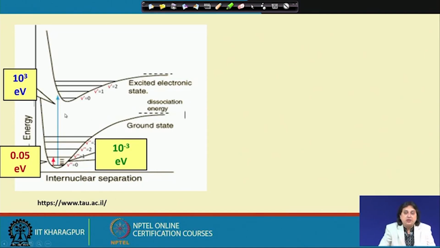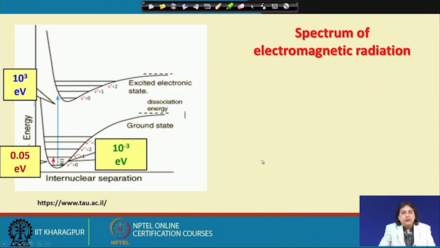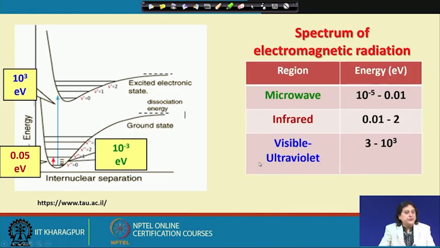So, how do I know these energy values? It is known from the spectrum of electromagnetic radiation that if you look at the different regions, this is the energy scale associated with the visible ultraviolet region. Therefore, if you shine visible ultraviolet light on the diatomic molecule, it will induce a transition from here to here, an electronic transition, so that the system goes from the ground electronic state to the first excited electronic state.